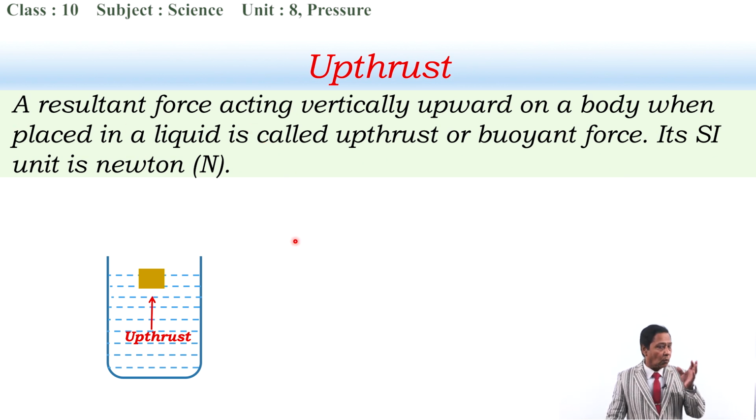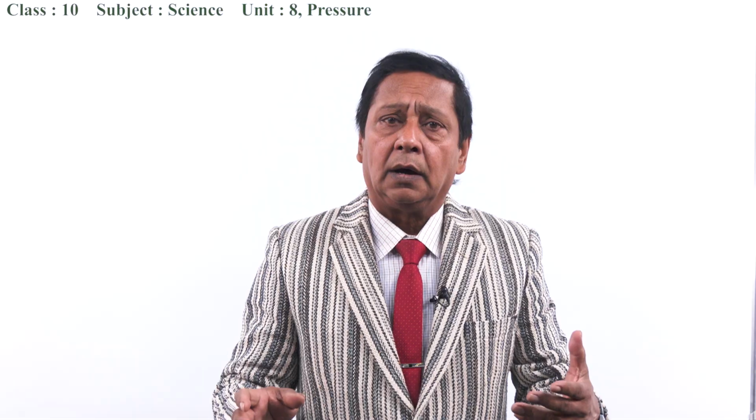The reason is very simple. When a body is placed in the liquid, the liquid applies force from all the directions. And the resultant of all these forces acts in the vertically upward direction, and this is named upthrust or buoyant force.